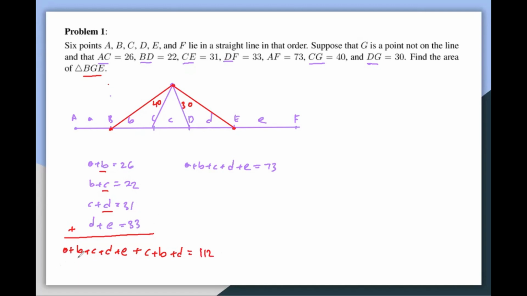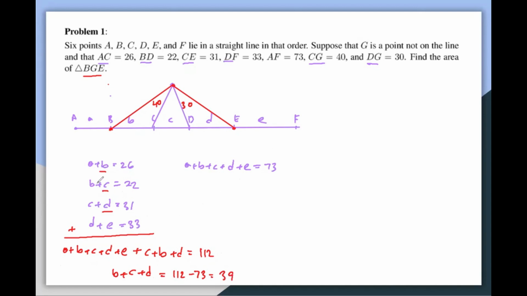And I do know the sum of A, B, C, D, E is 73. Which means C plus D plus B is going to be 112 minus 73. So this is 27 less than 100 plus 12, which is going to be 39. So that should be BCD.